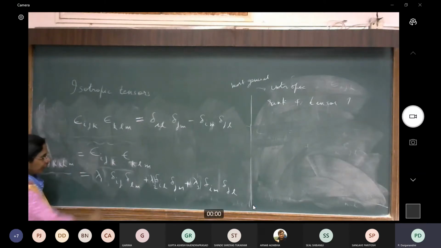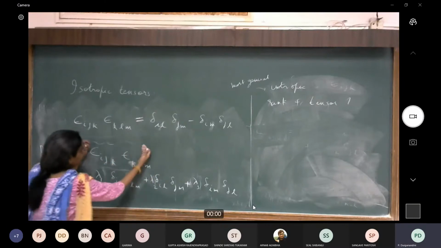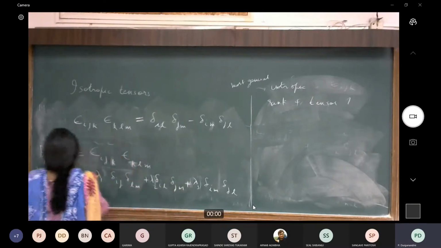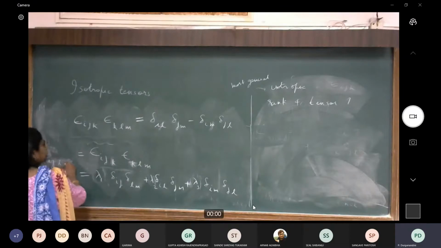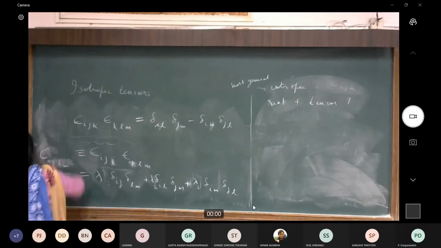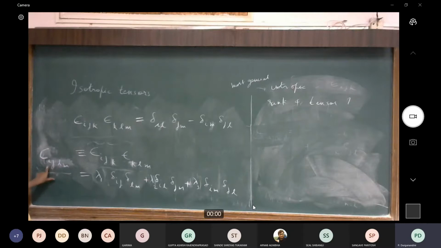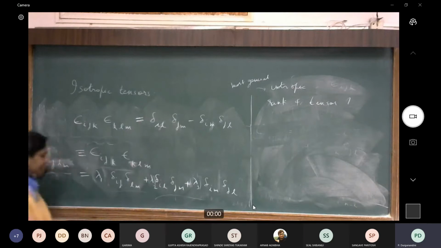So your right hand side must also have the property that it must be antisymmetric under exchange of i and j. Now you can see that this is a fourth rank tensor, this is also a fourth rank tensor, and let's call this simply C ij lm, by definition. So this is a fourth rank tensor, antisymmetric under exchange of indices ij. Now this is also a fourth rank tensor. This must have the same property as this, that it must be antisymmetric under exchange of i and j.